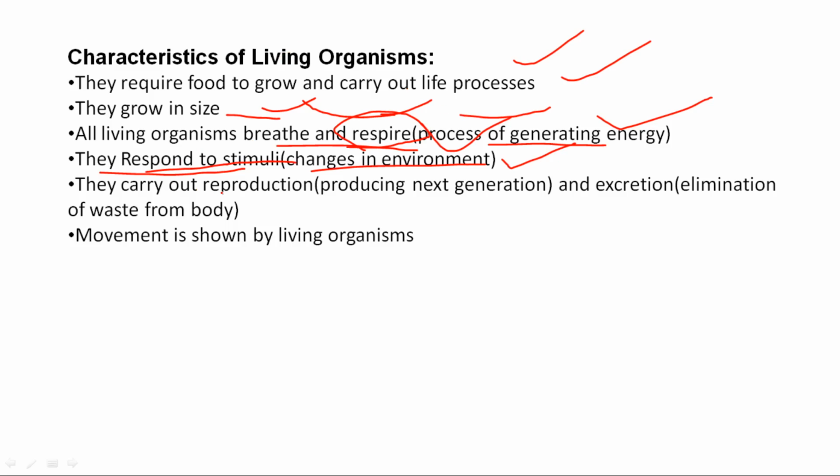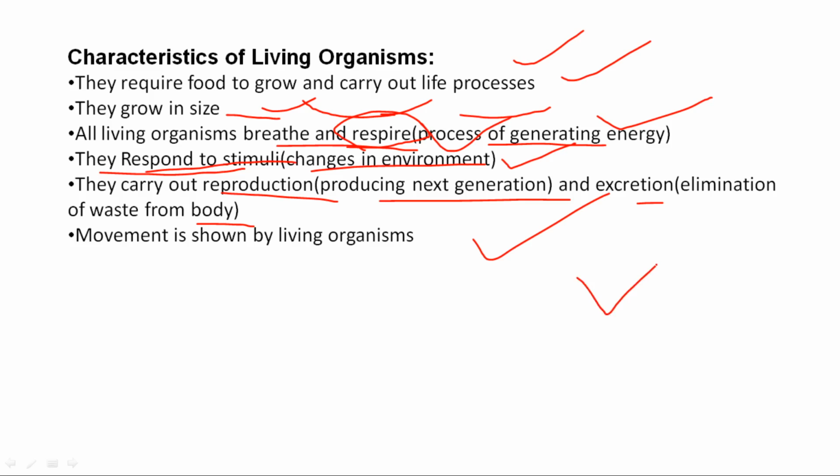Then they carry out reproduction, producing the next generation, and excretion, the elimination of waste from the body. Reproduction means producing the next generation. Look, a neem tree will produce a neem plant only. From the seed of neem you can get a neem plant only. From the seed of mango you get a mango plant.